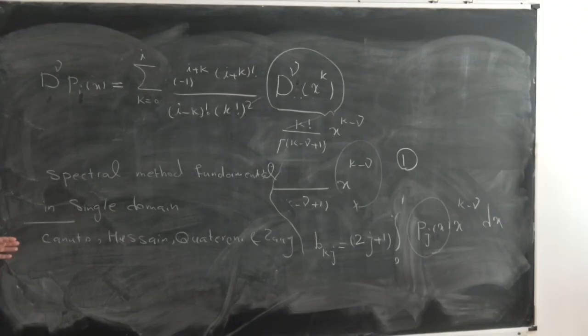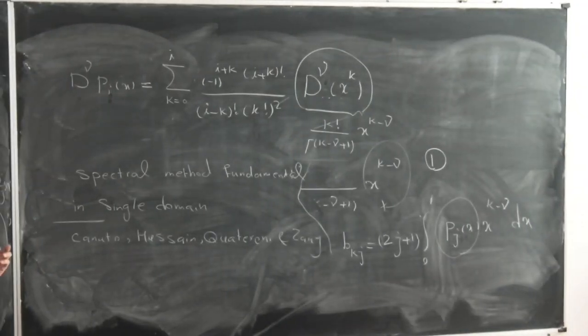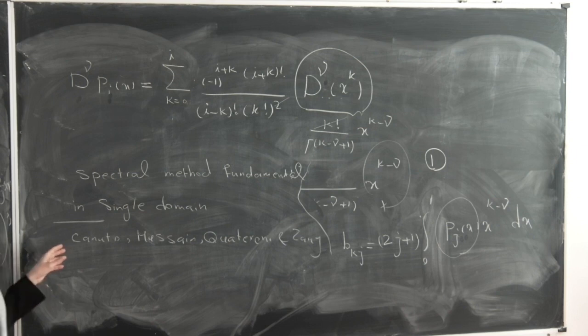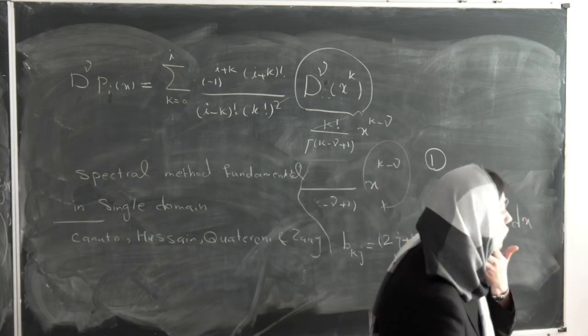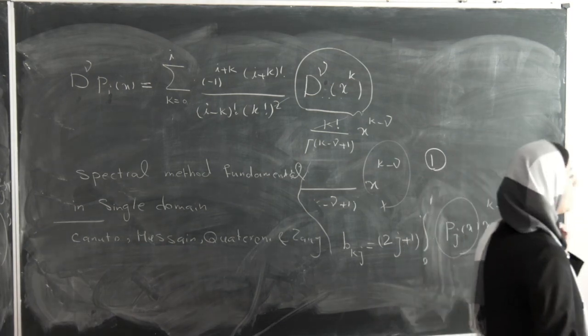In this book, the error bound for approximation of the solution of a differential equation by using different orthogonal polynomials is shown. Okay, we use this theorem from this book.